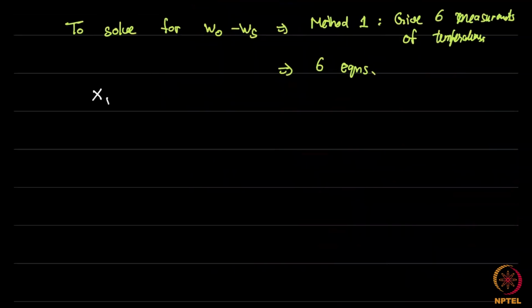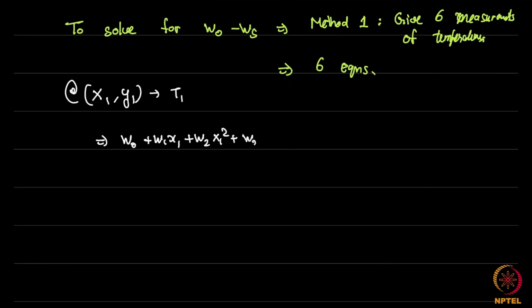You know this. So you will say that at x1, y1, the temperature was T1. So this will say W0 plus W1 x1 plus W2 x1 squared plus W3 y1 plus W4 y1 squared plus W5 x1 y1 equal to T1.